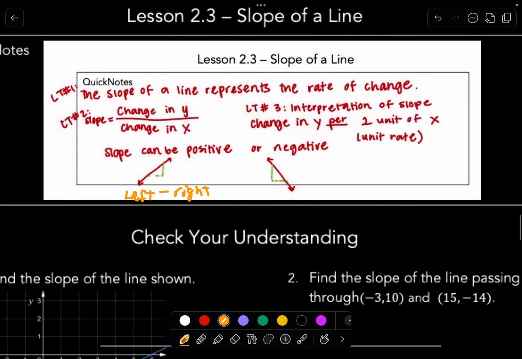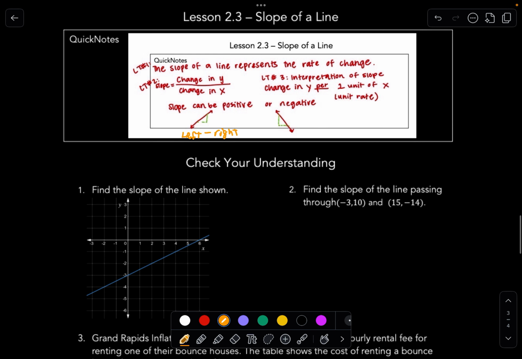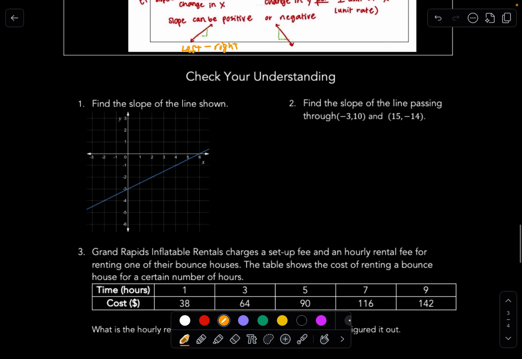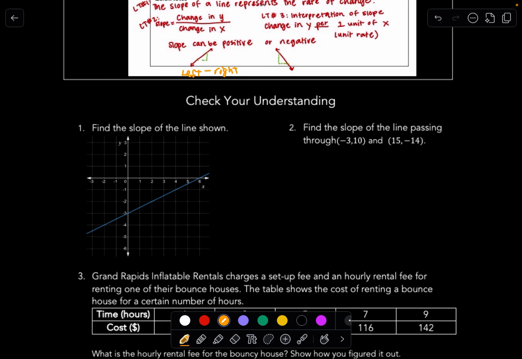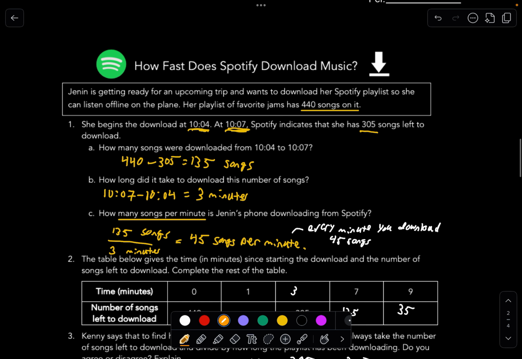Okay? So go ahead and do the check your understanding, but I'm going to keep talking through this. All right? Oh, by the way, let me go back and give you some important things. So change in number of songs is 440 minus 305, which equals 135 songs.